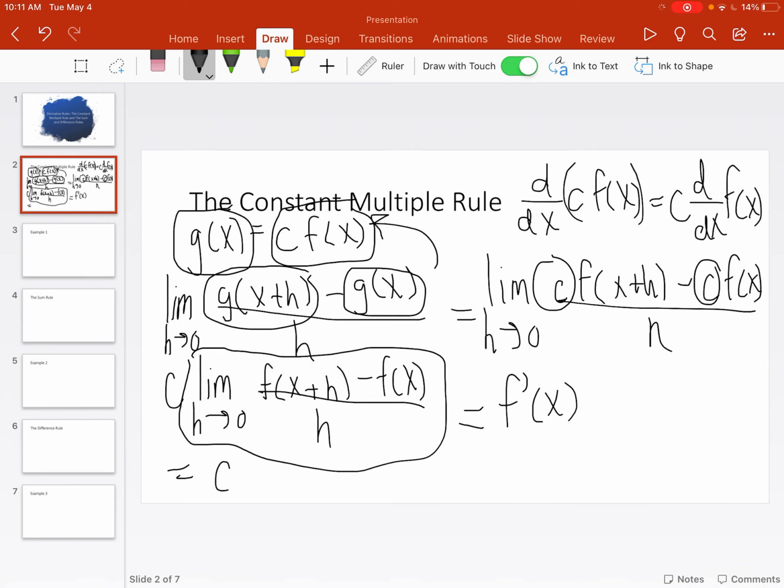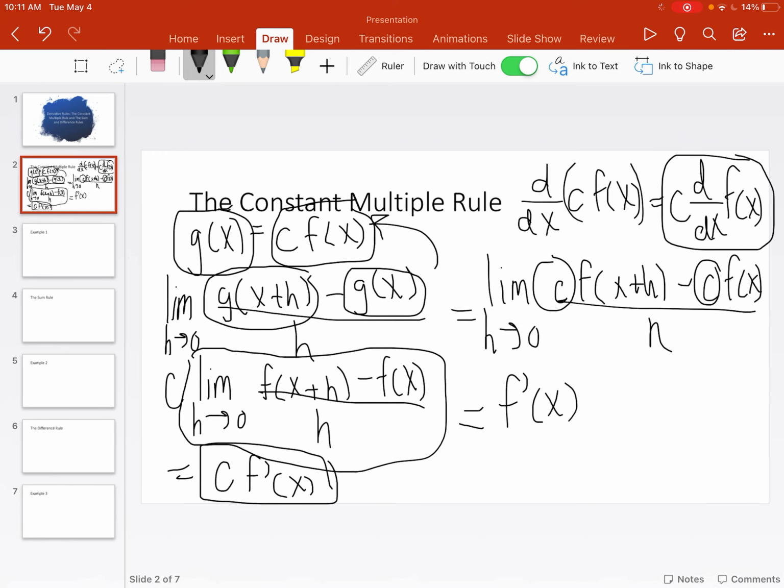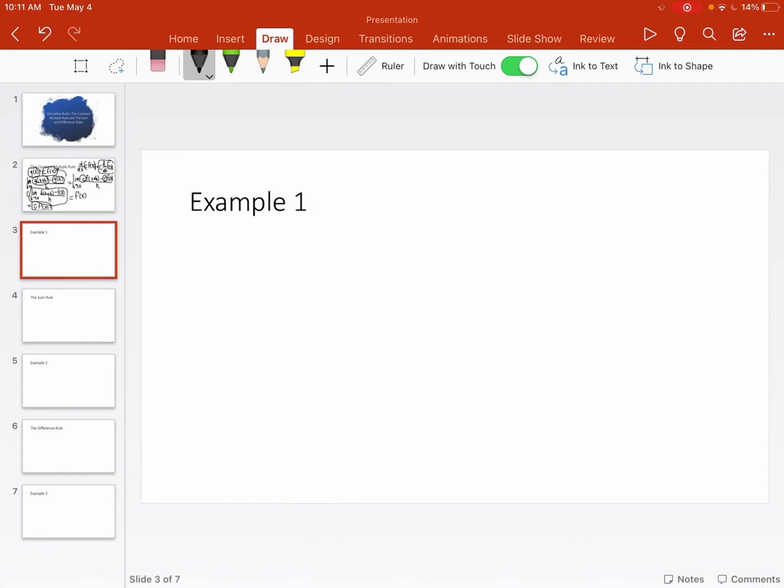Therefore, putting these two together, what you get is c times f prime of x, which is basically the constant multiple rule: c times the derivative of f of x, and that's what we got here, c times f prime of x.